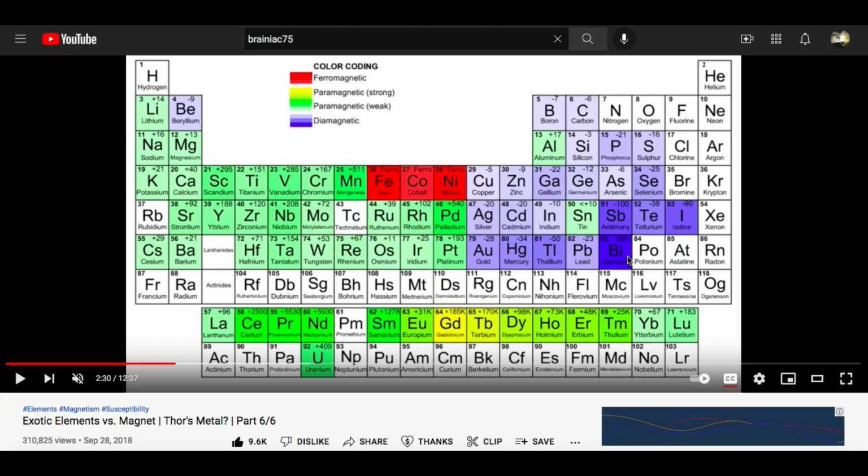So one of the most repelled ones is bismuth. Copper is repelled, silver is repelled, gold is repelled. These three are very key because they also have high degrees of electrical conductivity, and they have other properties, which I've told you before, are integral to the manifestation of energies and power.